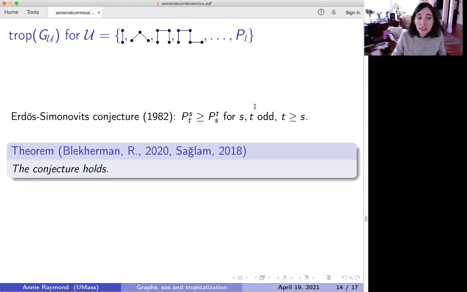Oh, well, this is not related to Sidorenko's conjecture directly, right? This is only about paths. Sidorenko's conjecture is about a bipartite graph and the edge density to the power of the number of edges in the first graph, whereas this is some inequality between paths. So just a different inequality that people cared about.